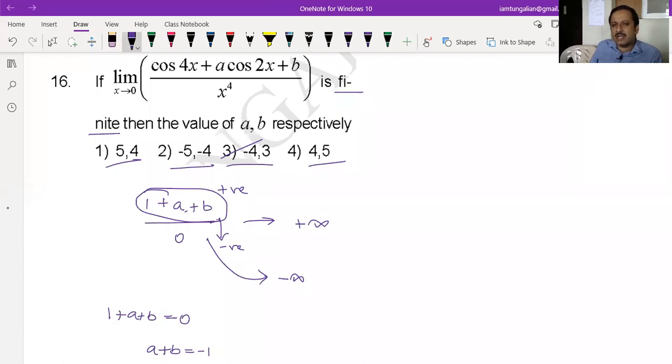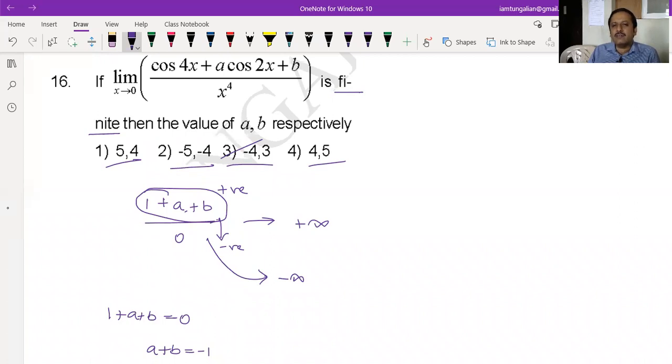Now suppose the numerator is positive. If the numerator is positive and the denominator is 0, then it will tend to plus infinity. If the numerator is negative and the denominator is 0, then it will tend to minus infinity. So the value of this limit is infinite, either plus infinity or minus infinity, depending on whether the numerator is positive or negative.